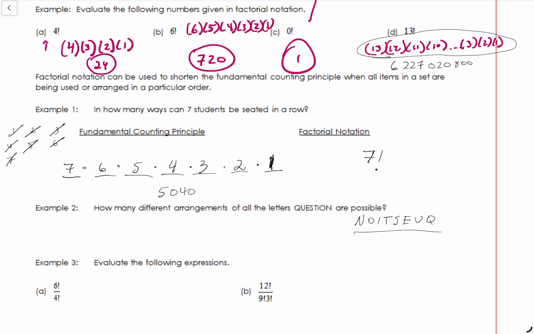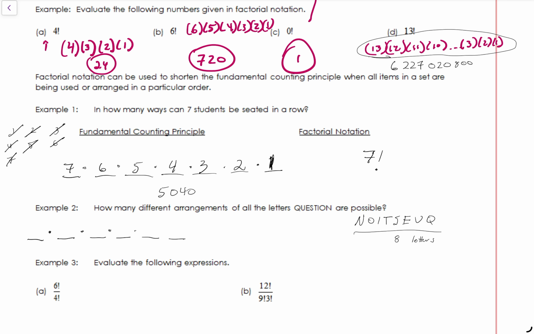This is nonsense to me. But how many different letters are in question? There are 8 letters. So how many different arrangements of all the letters of question are possible? Arrangements are just sort of like in a row.